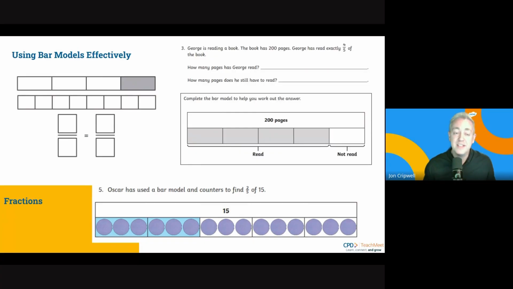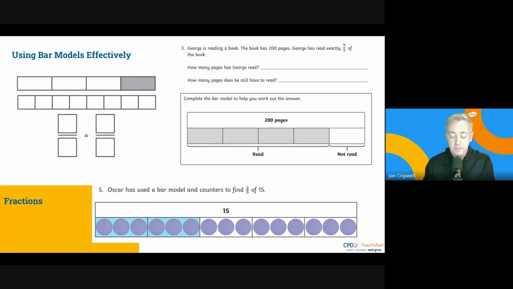Here again, this is where it's really important. The proportionality needs to be correct, and this is one of the things I think when you're working with squares are really helpful often for fraction bar models.